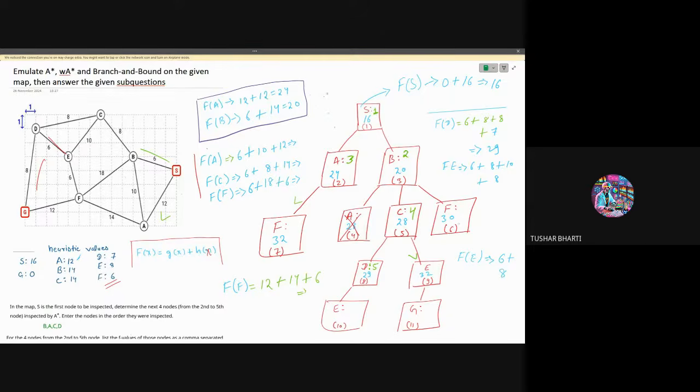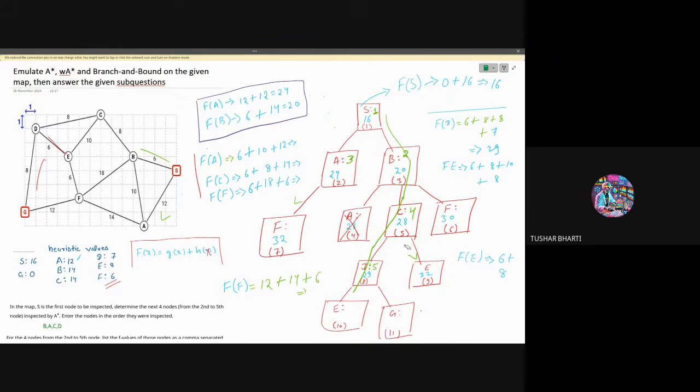Now you can see we are going S to B, B to C, C to D, and D to E. Here I have done it wrong. This should be the child of this. This will be G. It was a mistake.